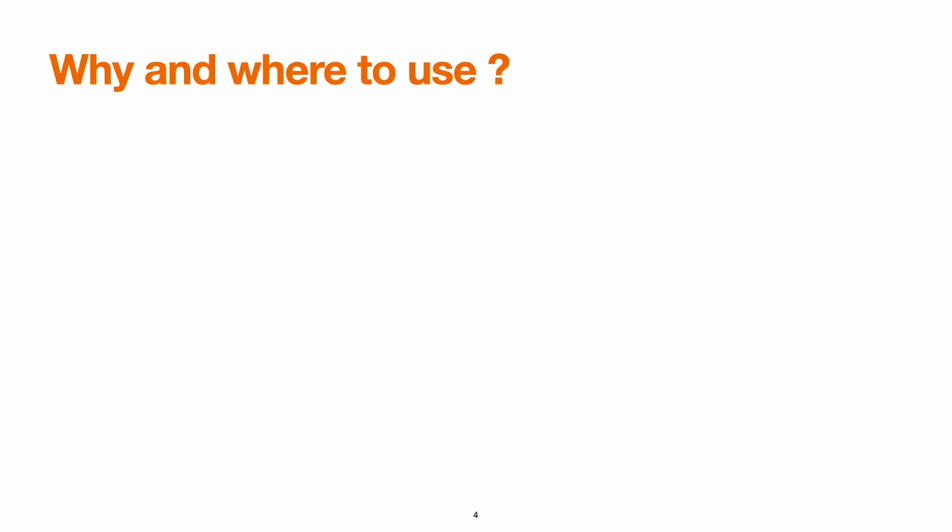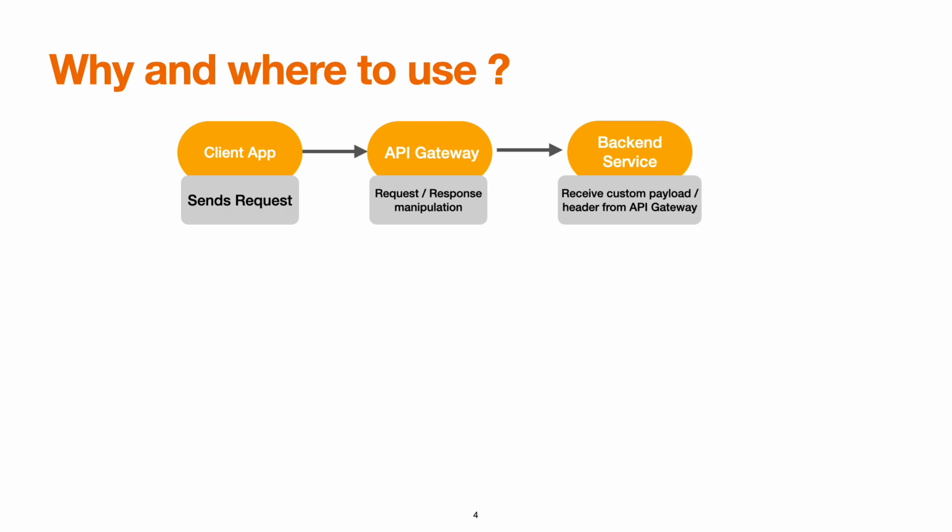So the question comes, why and where to use it? In a typical scenario, we have a client application which makes an HTTP call or an asynchronous call to your API gateway. The API gateway does the security checks and governance, and then sends the request to the backend service.